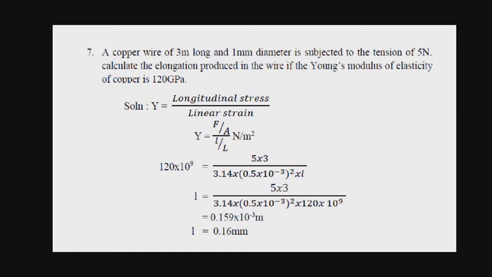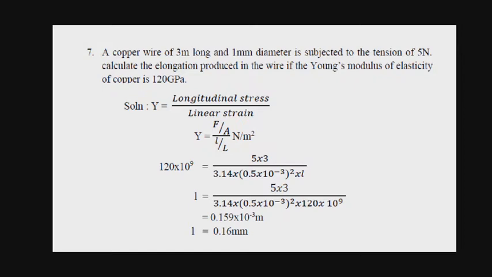Solution. Y is equal to longitudinal stress divided by linear strain. Y is equal to F by A divided by linear strain, which is change in length divided by original length, that is Newton per meter square. So Y is equal to 120 into 10 to the power 9, which is equal to 5 into 3 divided by 3.14 into (0.5 into 10 to the power minus 3) whole square into l.